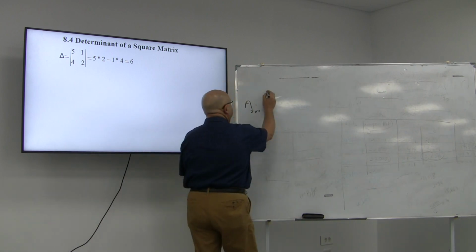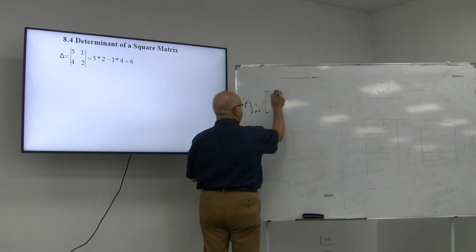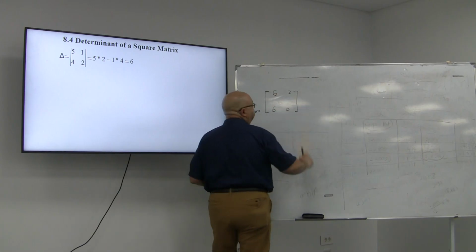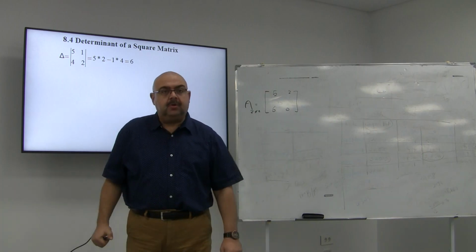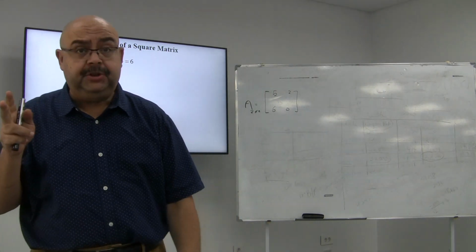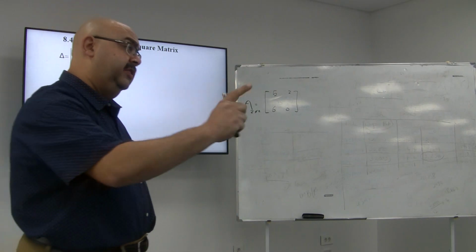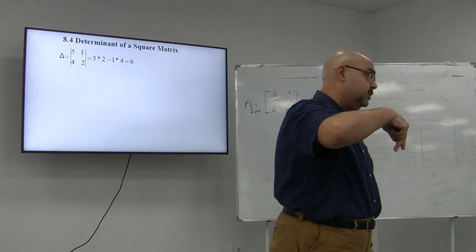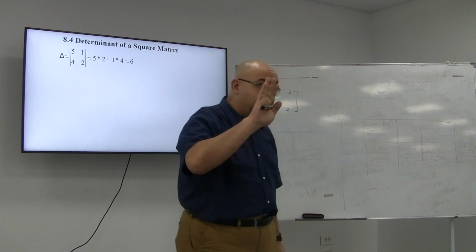For example, let's say 5, 6, 2, and 0. This is a 2 by 2 matrix. If it represented a system of equations, you would be dealing with two equations and two unknowns. This is why you have four values.